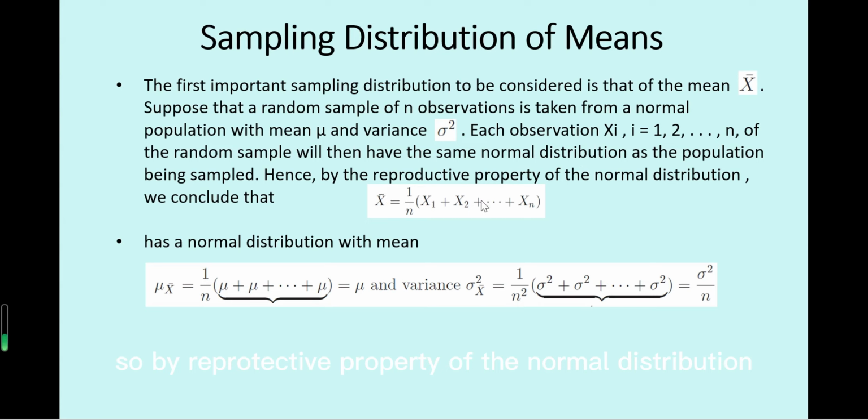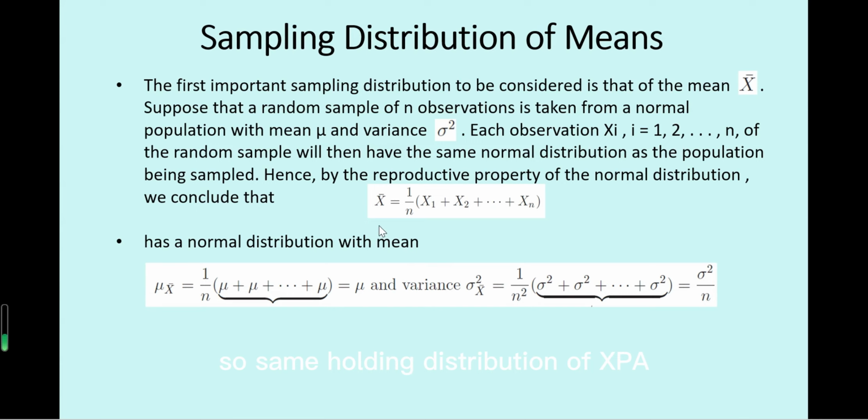By the reproductive property of the normal distribution, we can conclude that x bar, which is the mean of the sample summation, has a normal distribution with mean equal to 1 divided by n times n mu, which also equals mu, and the variance, sigma x bar square, which means the sampling distribution's x bar variance, equals the population variance divided by n.